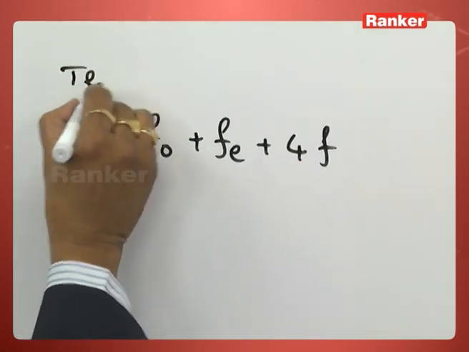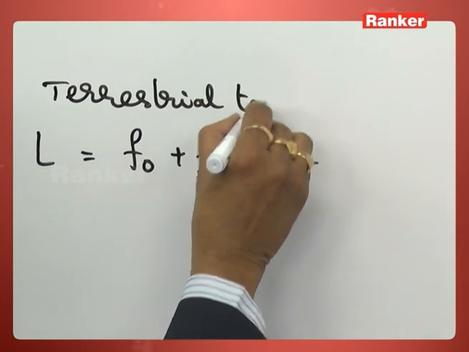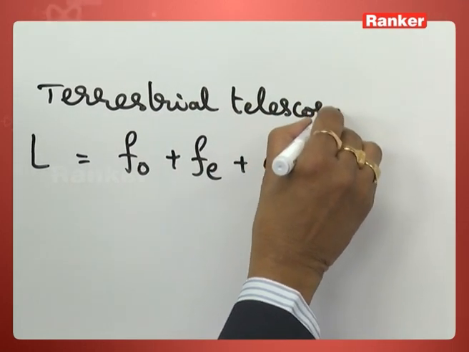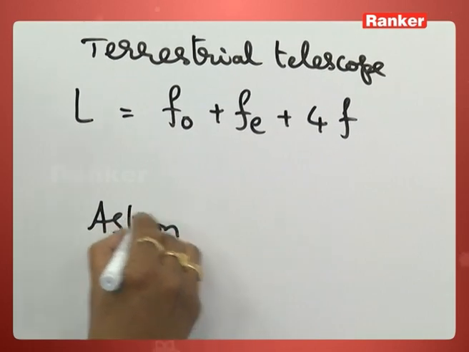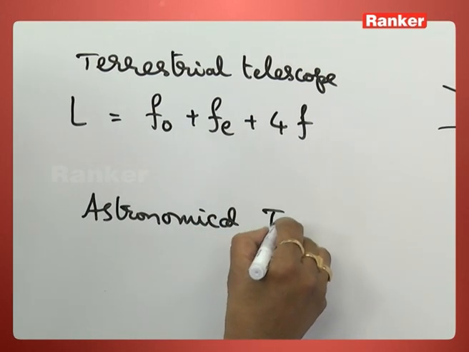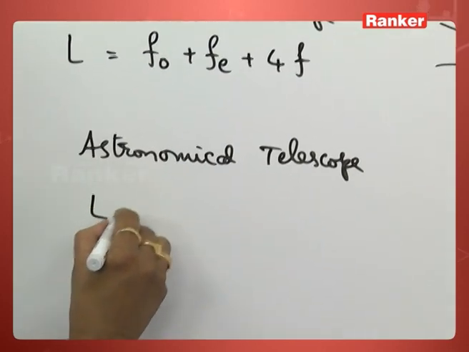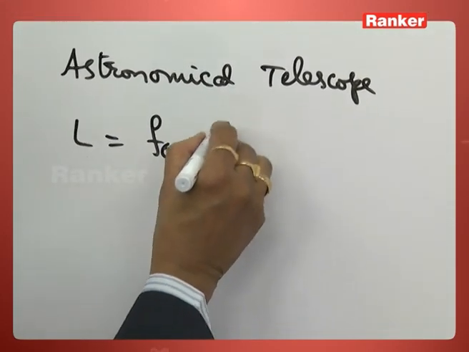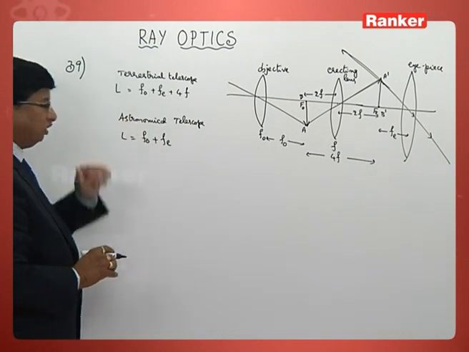This is for which telescope? Terrestrial telescope. Suppose I write for an astronomical telescope, what can we write? The same length formula FO plus FE only, because no erecting lens is introduced in this.